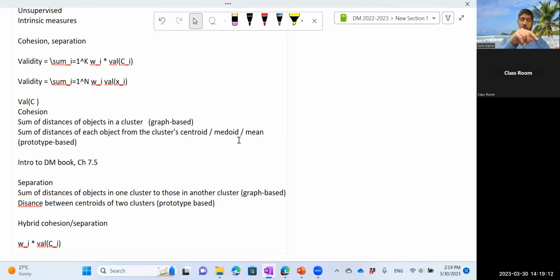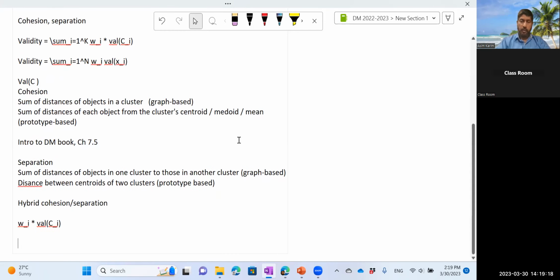You combine both of them. So in a very naive sense you can have a measure that is cohesion divided by separation. This could be a measure for a cluster.